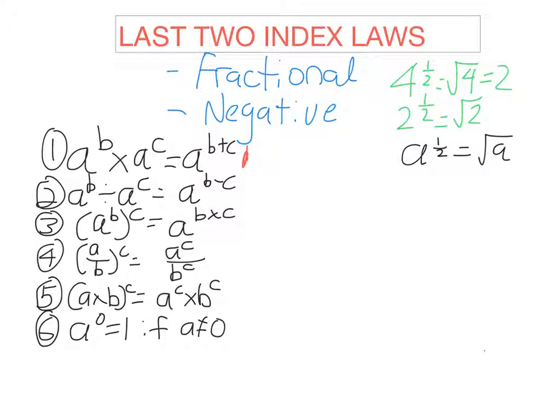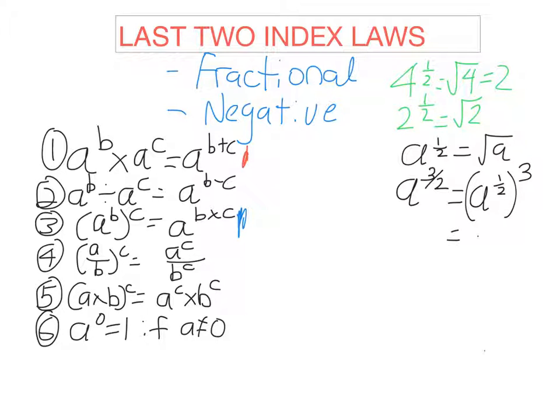Now let's look at something like a to the power of 3 on 2. To be consistent with the third index law, which is this one here, I know that I can write a to the power of 3 on 2 as a to the power of a half cubed.